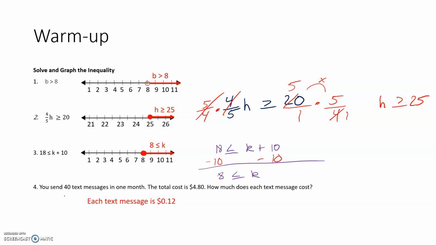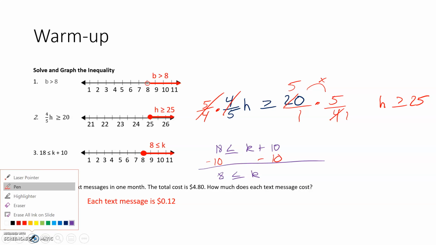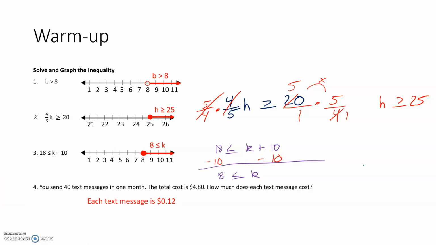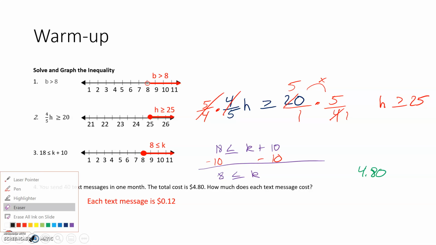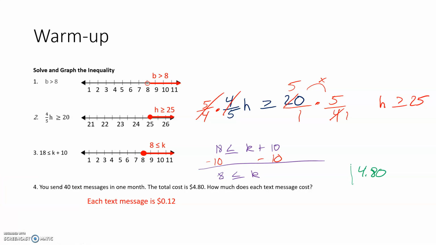So I'm going to divide 480 by 40. 40 does not go into 4, so 0 goes there.